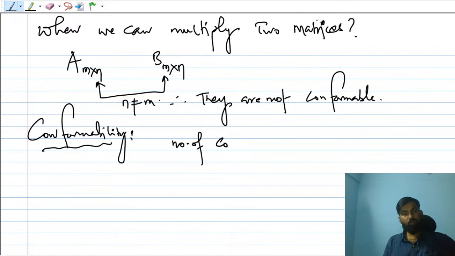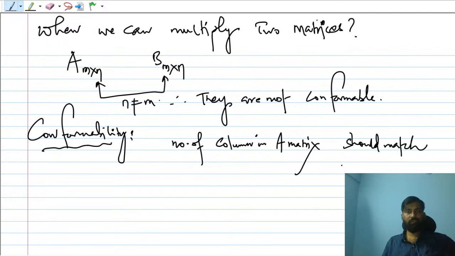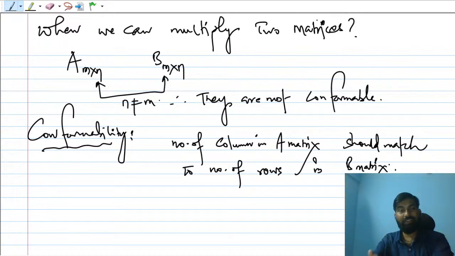the number of columns in the A matrix should match the number of rows in the B matrix. Okay, if they are not matching, it means they are not conformable.